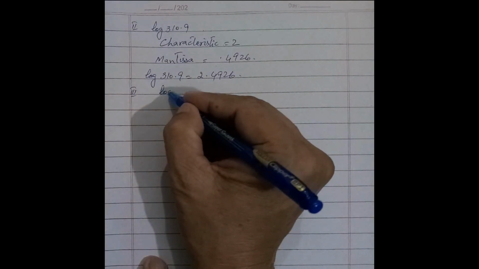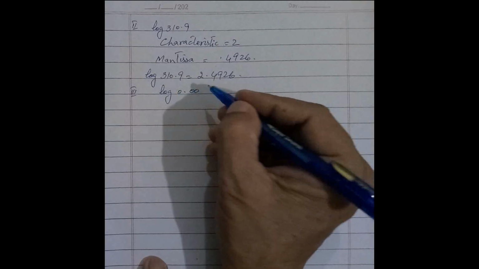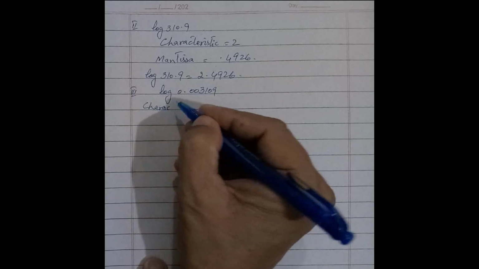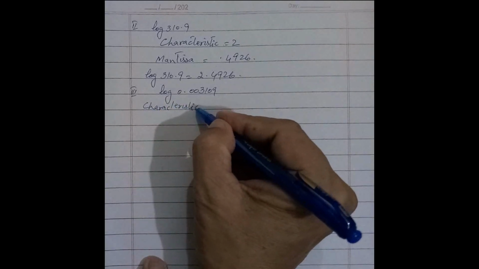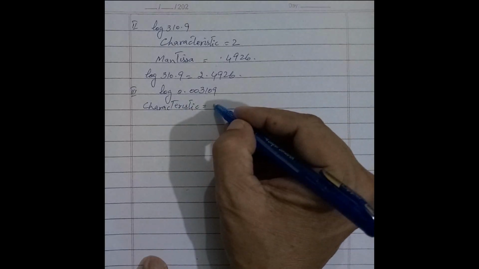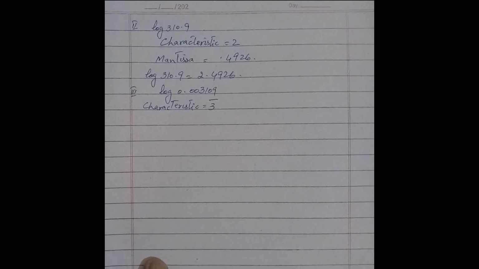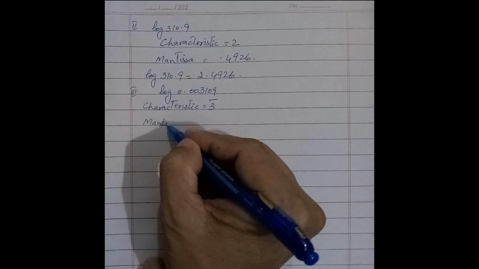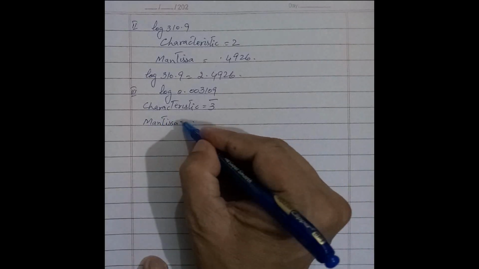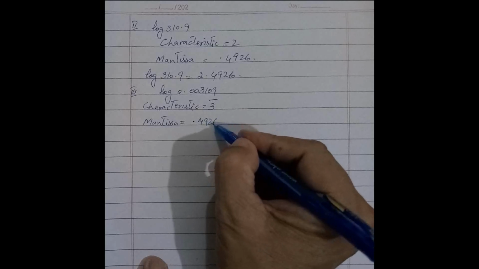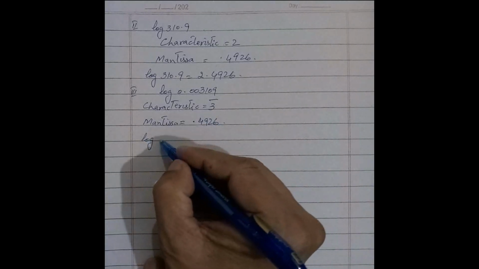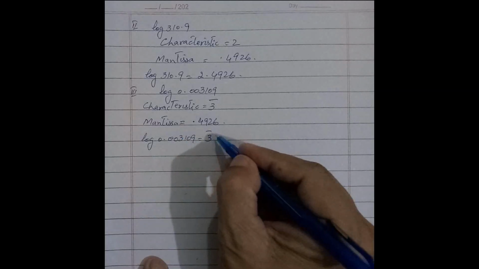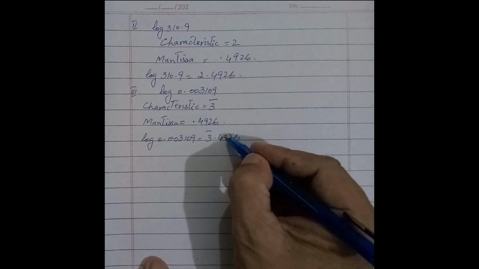And the third part is log 0.003109, in which the characteristic is equal to 3 bar, and you can write it as -3, and the mantissa is 0.4926, and hence log 0.003109 is equal to 3 bar 0.4926.